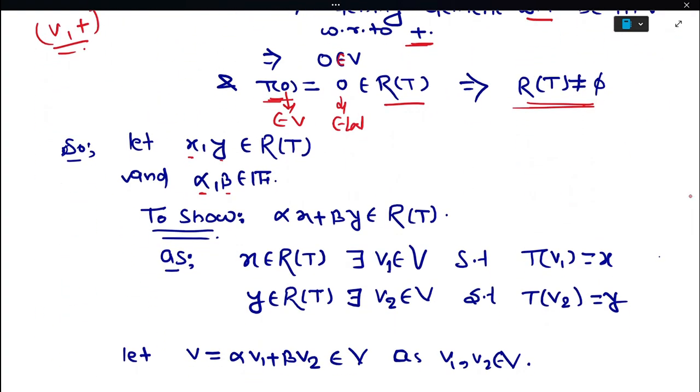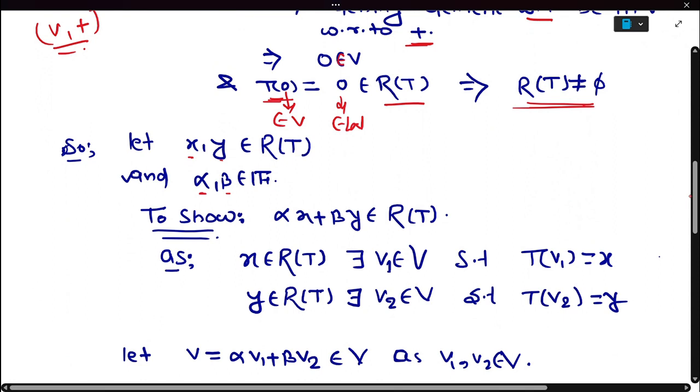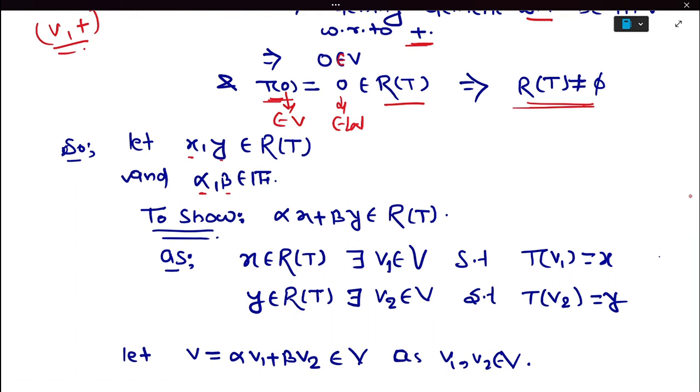So we have taken alpha, beta belonging to the field and x, y belonging to the range space, and we have to show the range space is a subspace of W. So what we need to show is that alpha x plus beta y belongs to the range space.